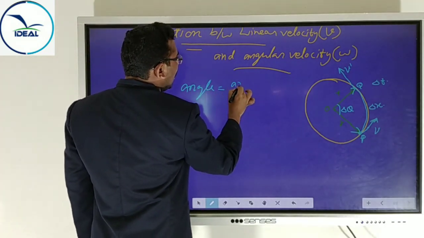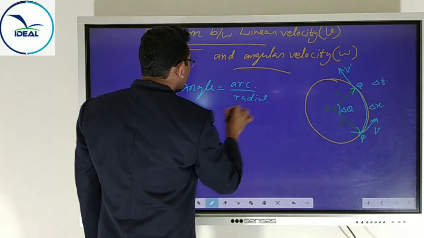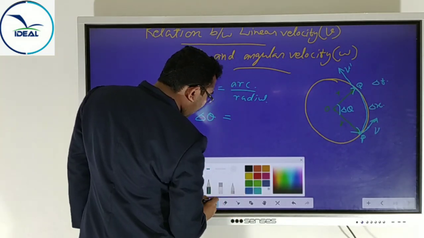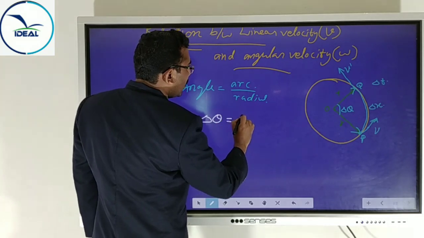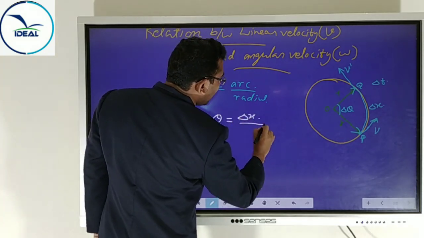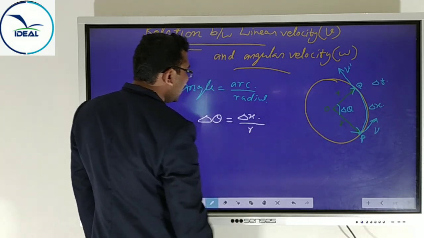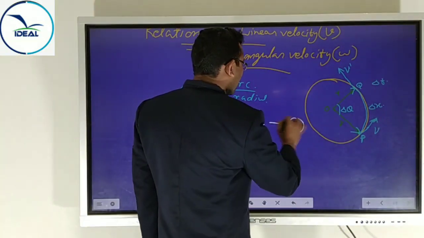Angle is equal to arc by radius. That is, delta theta is equal to delta x by r. We got an equation, equation number 1.